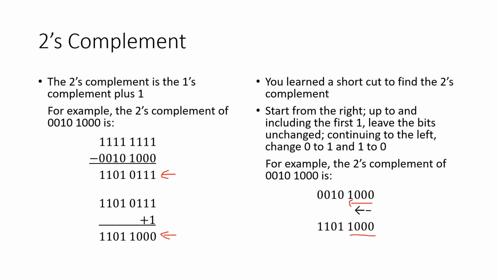Continuing on to the left, you change the 0's to 1's and the 1's to 0's. So it doesn't matter whether we take the 1's complement and add 1 or use this shortcut method, we obtain the same value for the 2's complement of a binary value.